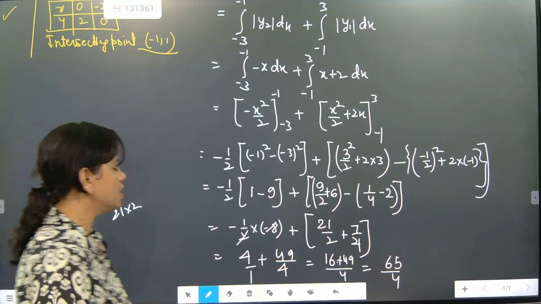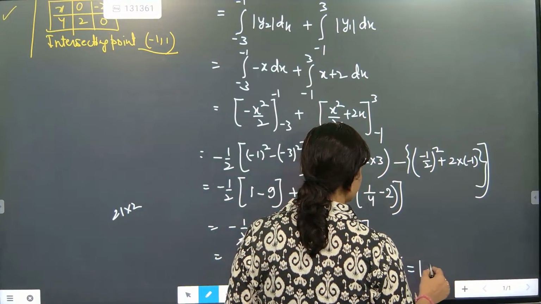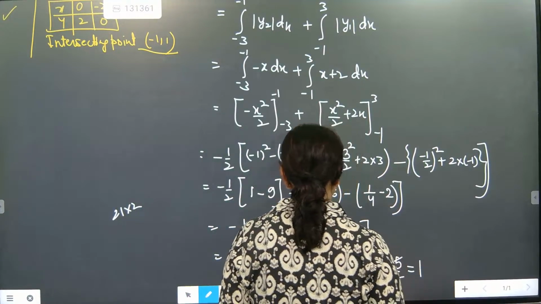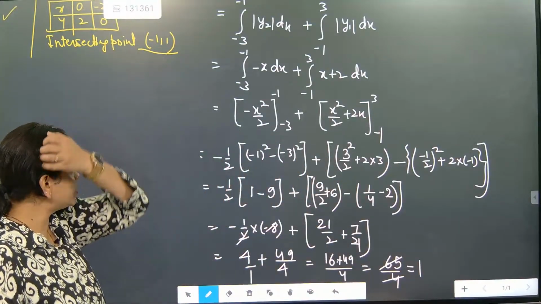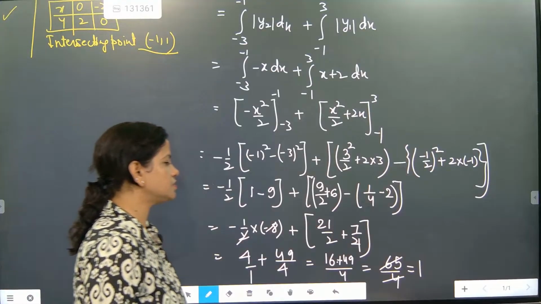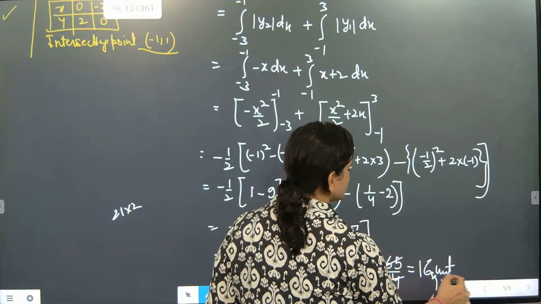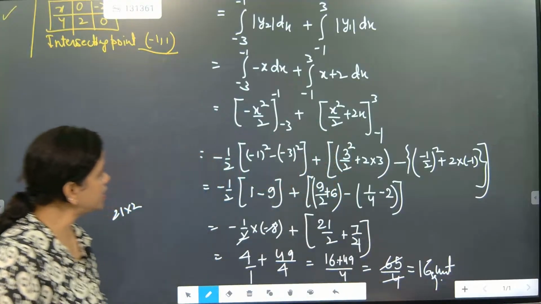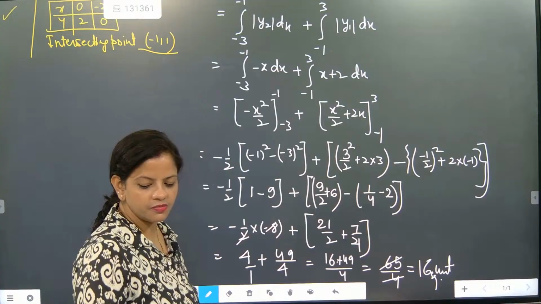Somewhere I made a mistake. It should be coming 16 square units, because I have solved this question many times. Somewhere a calculation is killing, but the rest of the part is the same.